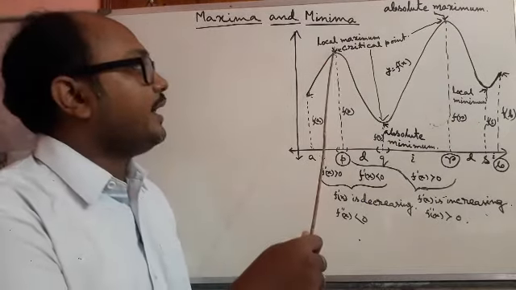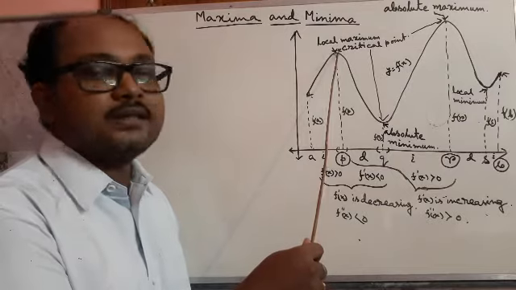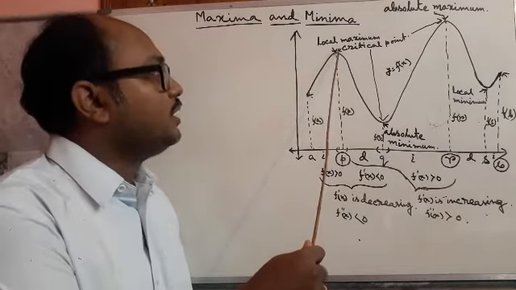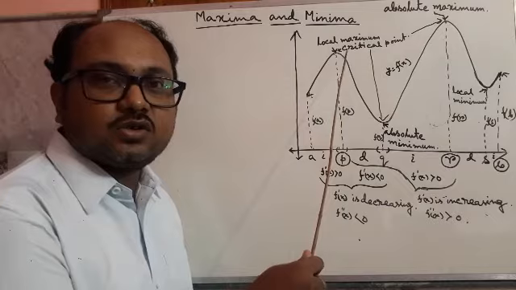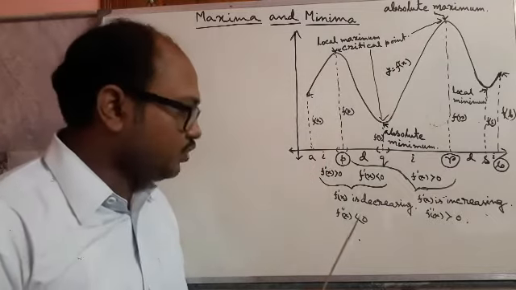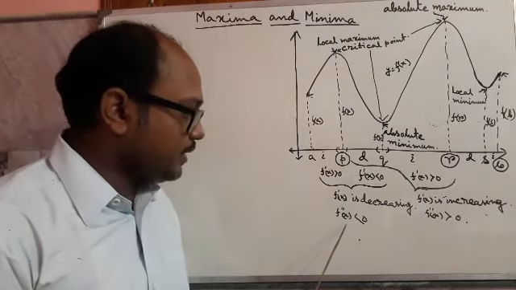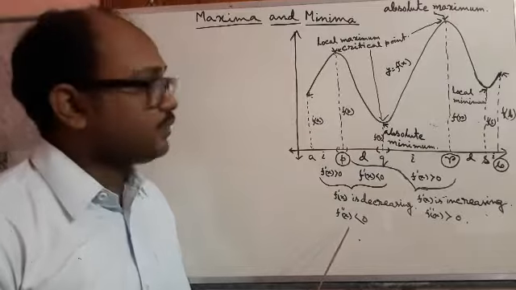That means at the point where the function attains its maximum value, first order derivative f dash x is equal to 0 but second order derivative f double dash x is less than 0.